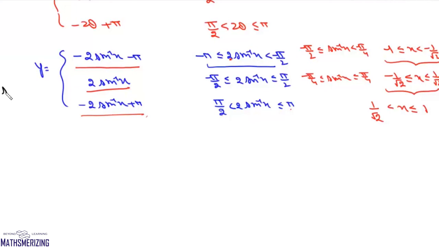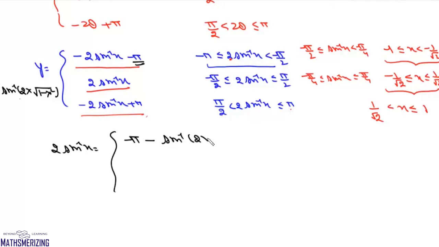Now this y is sine inverse of 2x into under root of 1 minus x square. Now we'll rearrange this formula, then we can simply write 2 sine inverse of x. For this first part, we'll take the sine inverse here, so it will be minus pi minus sine inverse of 2x into under root of 1 minus x square, when x lies between minus 1 and minus 1 by root 2.